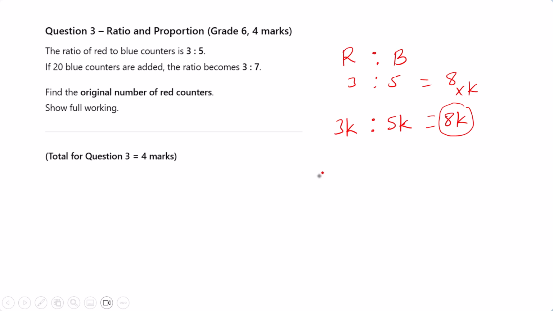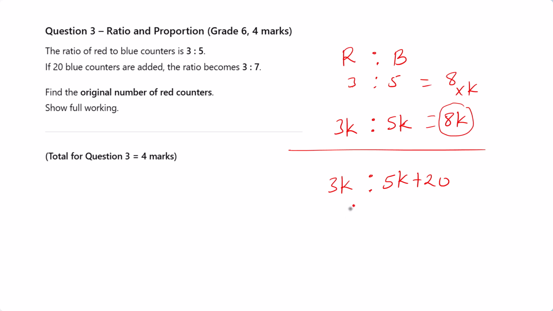But I don't know what k is. They say that if 20 blue counters are added, so now the blues are not just 5k but 20 more, and the number of red counters is still the same, the ratio will have changed from 3 to 5 to 3 to 7.